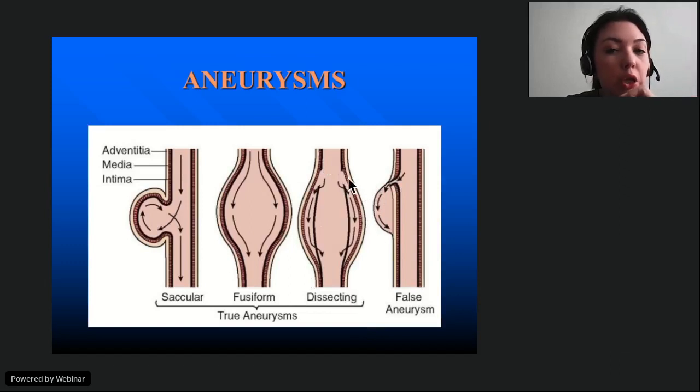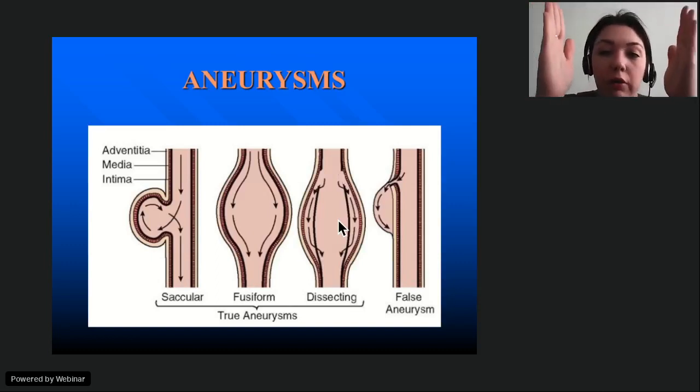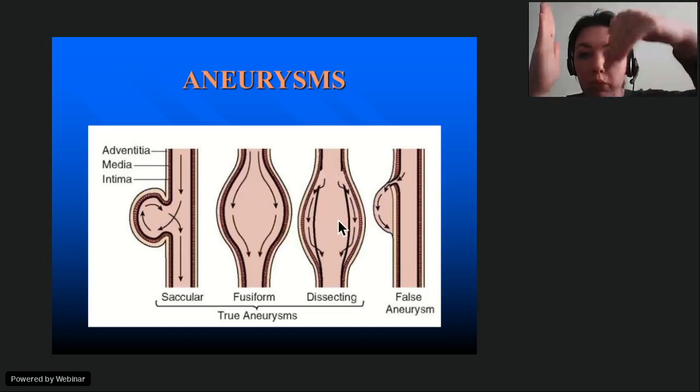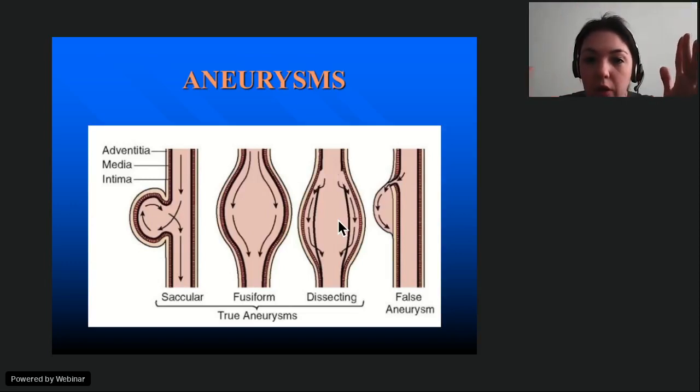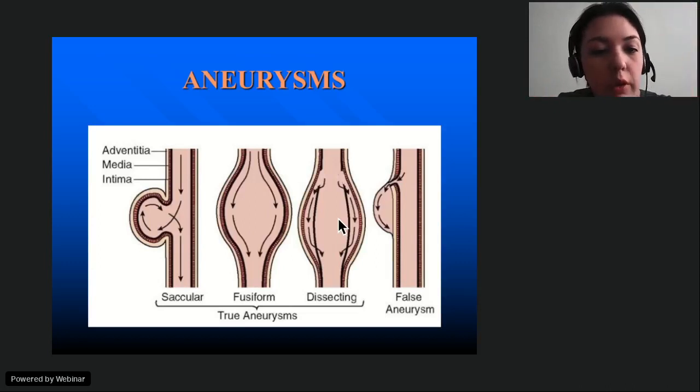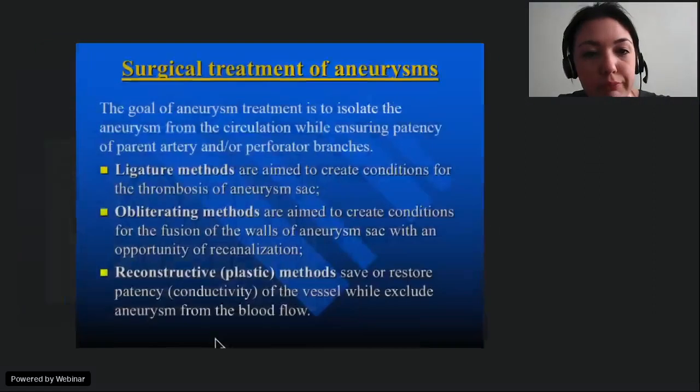There is an injury in tunica intima and blood, along the direction of the blood flow, goes between tunica intima and tunica media, and it dissects, separates tunica intima from tunica media and pushes forward, and finally it separates tunica intima from the other layers of the vessel wall completely. So this is a dissecting aneurysm.